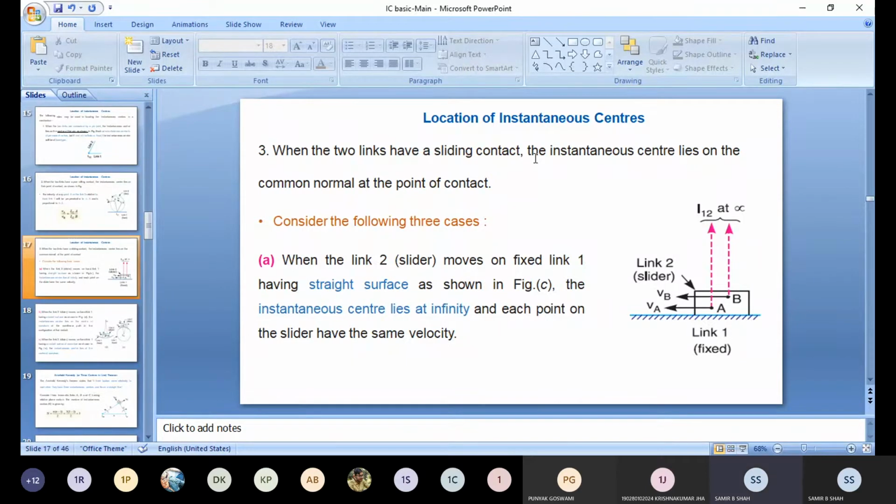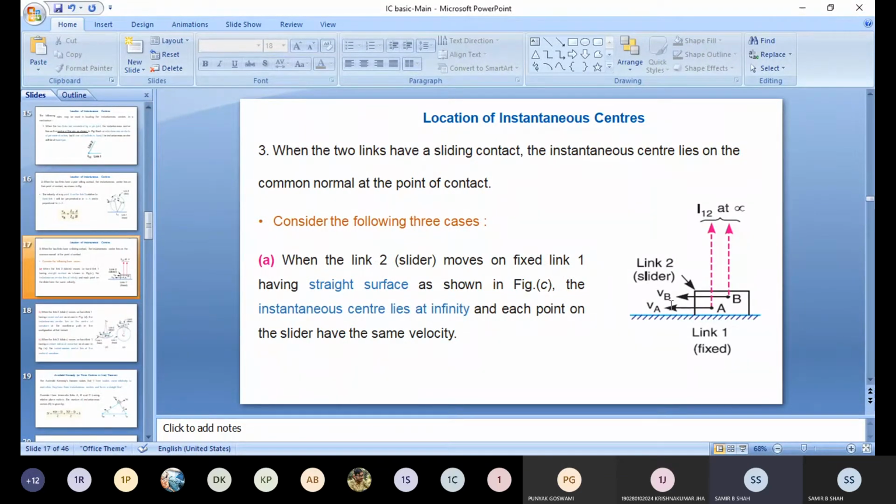Another three cases. The first one: you can just see the figure and focus on whatever I say.